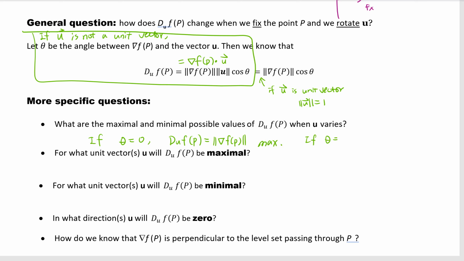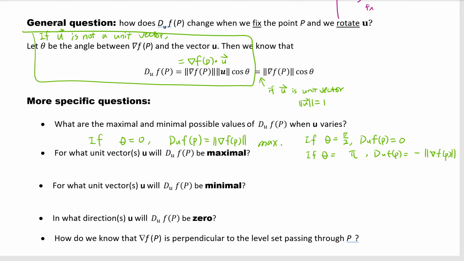If theta equals pi over 2, cosine theta is 0, so the directional derivative is 0. If theta equals pi, cosine pi is -1, so the directional derivative equals the negative of the length of the gradient vector at P.